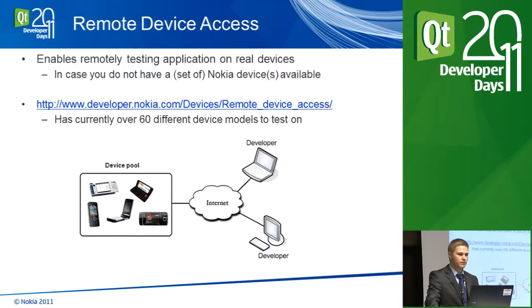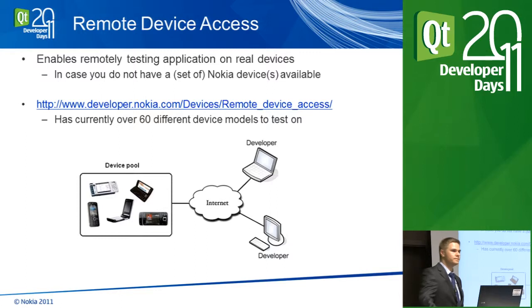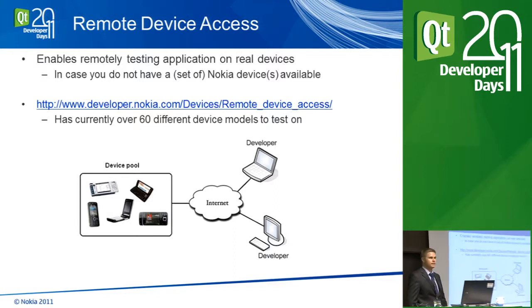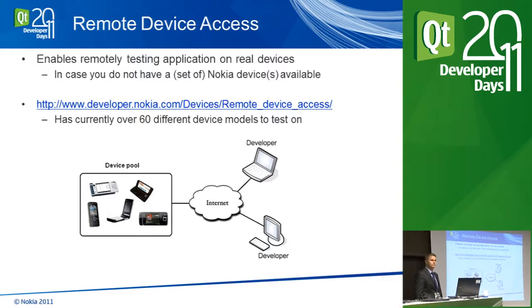You can just go to this web page right here, click on a few links, and hey, then you will have access to a mobile device. At the moment, there are about 50 different device models to use, and a number of different devices of each model.